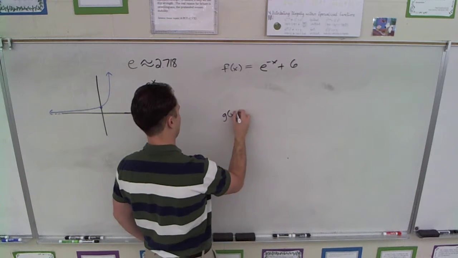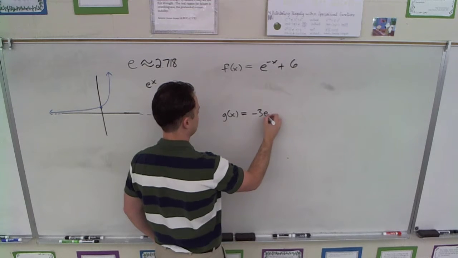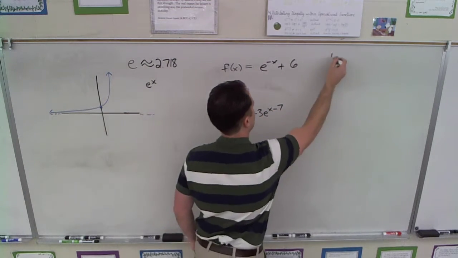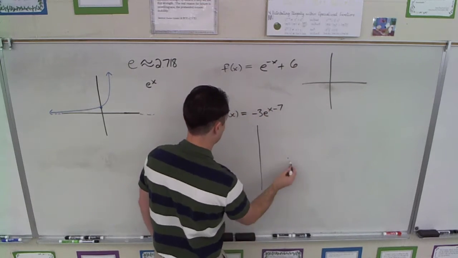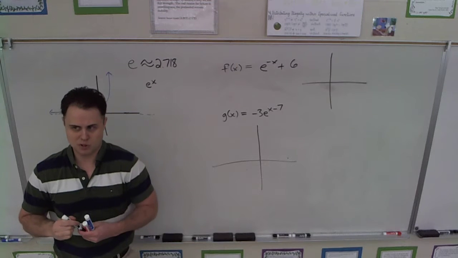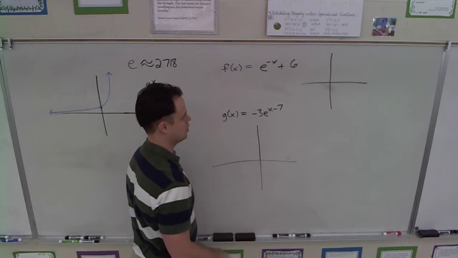Take a function like negative 3e to the x minus 7 and graph it. And you're going to come over here and be like, okay, whatever. e is just kind of close to 3, so I just pretend it's close to 3 and go with it. Okay? So I'll just do a quick sketch of each of these.